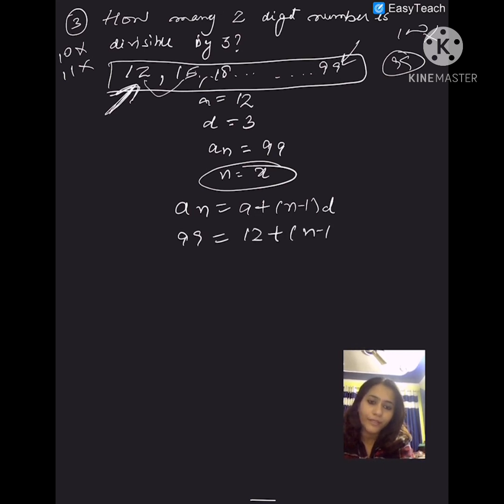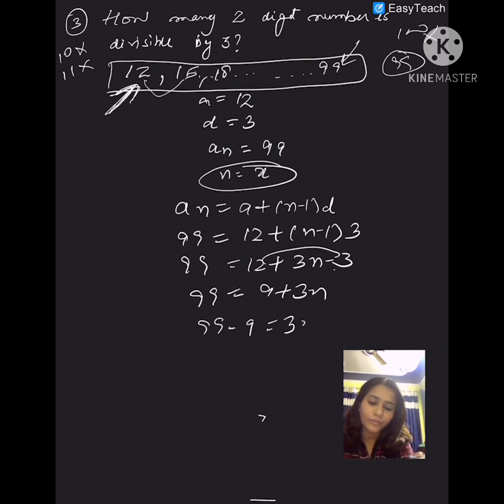Now n you need to carry out and d here is 3. 12 plus 3n minus 3 equals 99. 99 is equal to 12 minus 3 is 9 plus 3n. Now 99 minus 9 is equal to 3n. This is 90 is equal to 3n. 90 divided by 3 is equal to n. So n is 30.